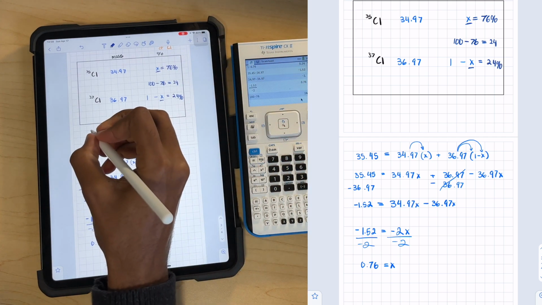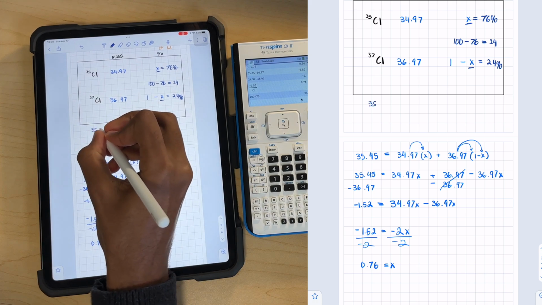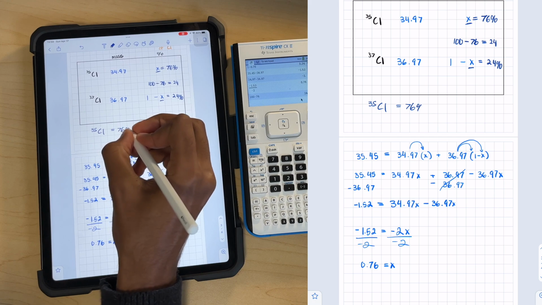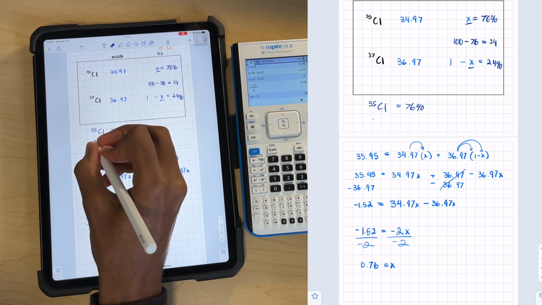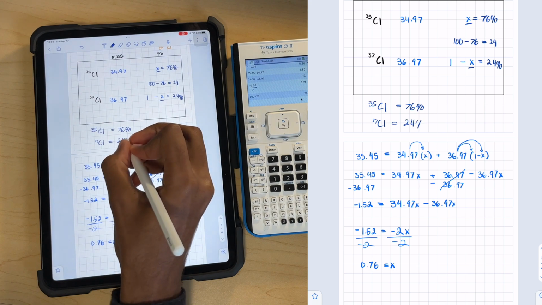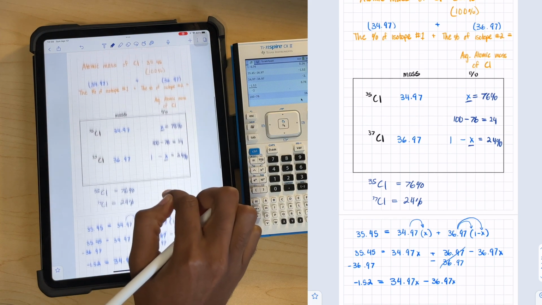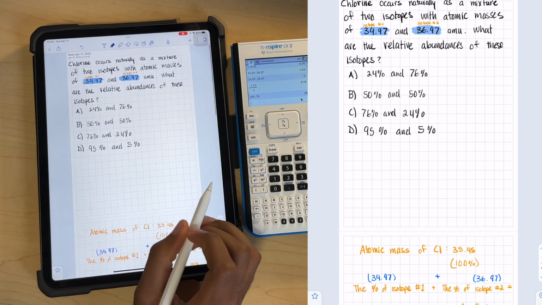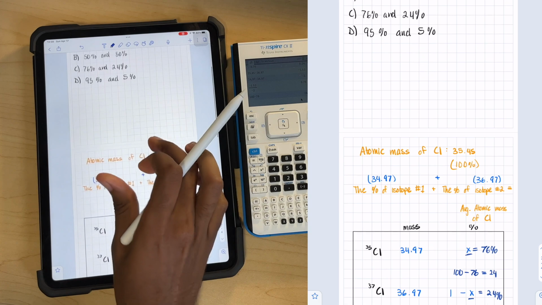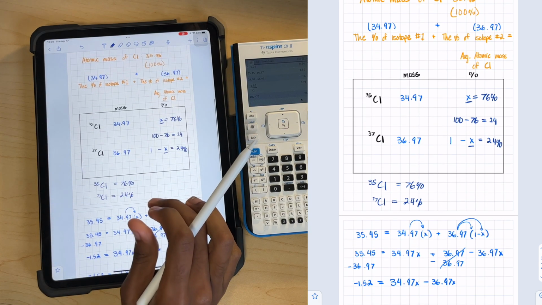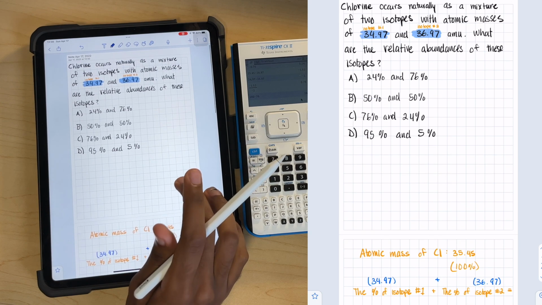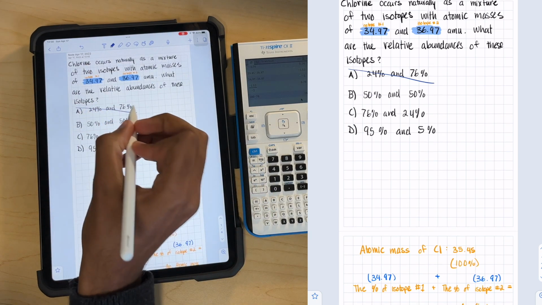So chlorine-35 is equal to 76%, and chlorine-37 is equal to 24%. Let's go back up and check our answer choices. A is 24% and 76%. Those are the right numbers, but they are not in the right order, so that is not correct.